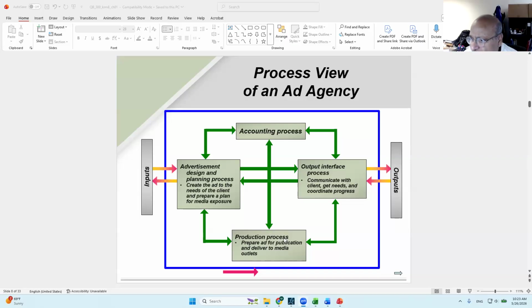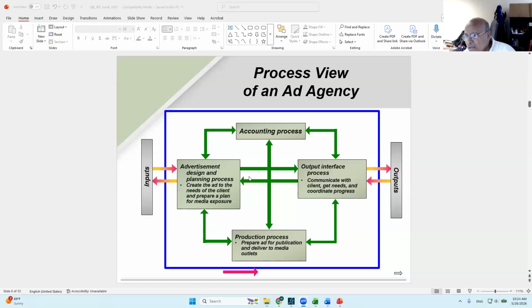And after the advertisement is done, they'll be contacting output interface process. They'll be checking if the advertisement is done properly, if it is appealing. Maybe they'll ask production process, hey, why don't you produce 3-4 advertisement like this? We'll contact NVIDIA, the customer, and show them all the 3 modules. Then we'll ask, pick one that you like most. Then we'll refine, we'll deliver the advertisement.